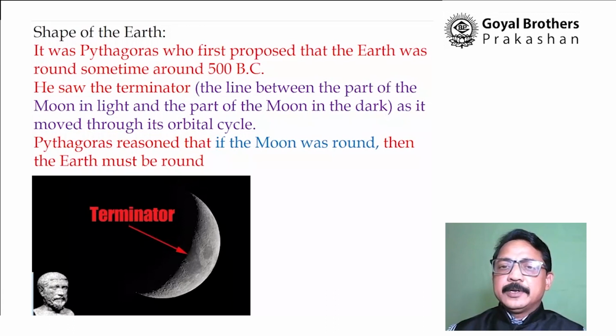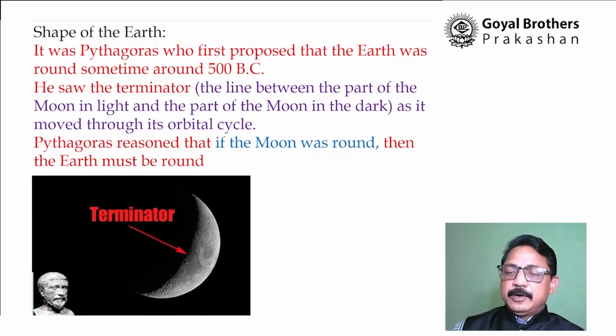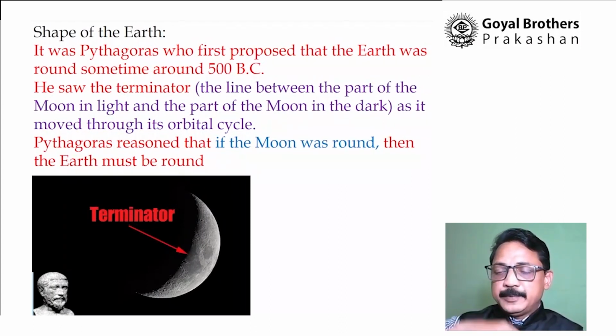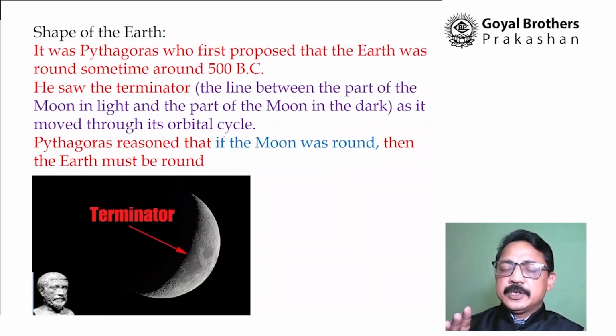But later on, people began to think that Earth must not be flat but spherical in shape, because when they looked at the moon, they saw it spherical in shape. When they looked at the sun, they thought sun is also spherical in shape. So then they got an idea that Earth must also be spherical in shape.